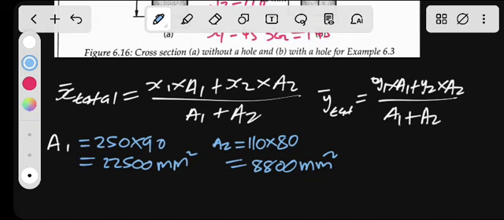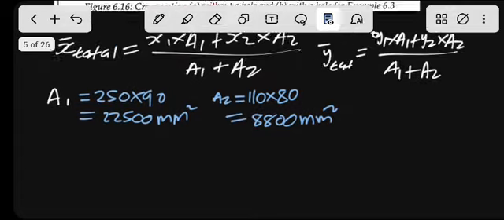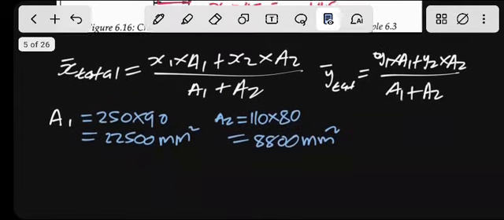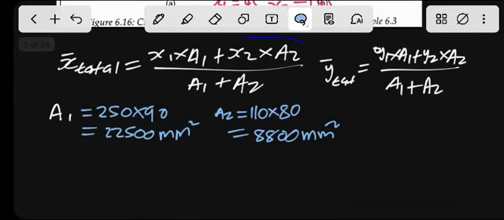So we can plug this in and find x bar, starting by using this equation.